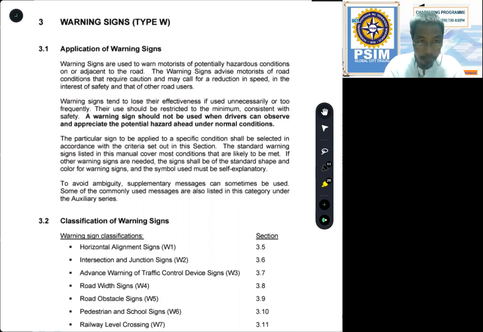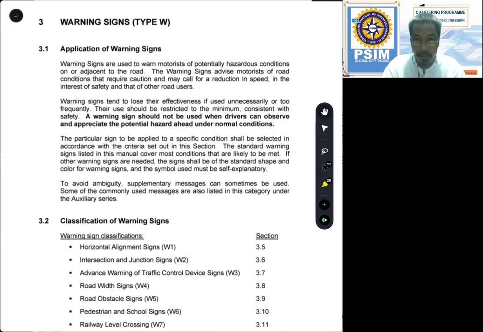And warning signs tend to lose their effectiveness if used unnecessarily or too frequently. So a warning sign should not be used when drivers can observe and appreciate the potential hazard ahead under normal conditions. Take note of this, very important.